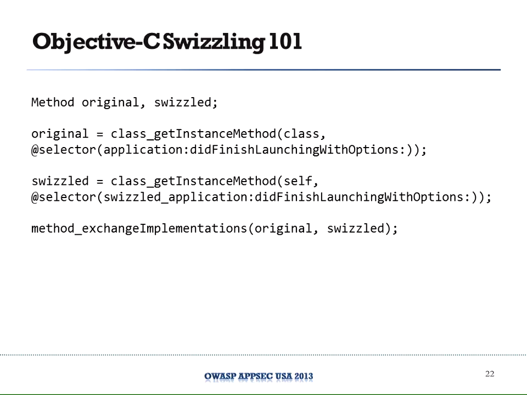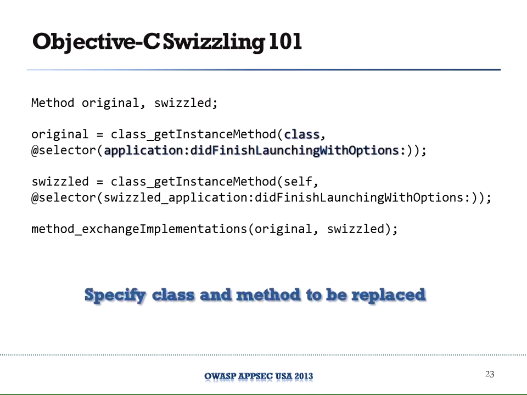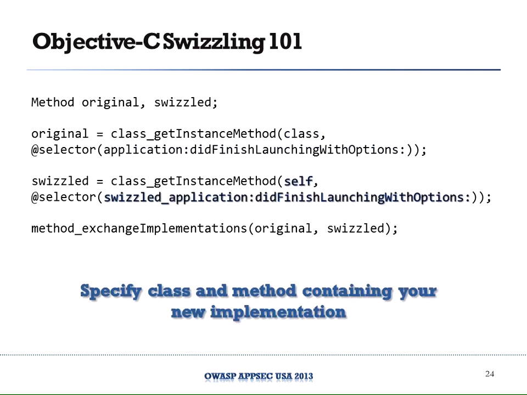So swizzling is as easy as these three function calls. You start off with the original. You want to get the original method, so you call class_getInstanceMethod, where the first parameter is the class that you want to replace and the method as well. Then you specify the method that you've created that you want to replace it with. And lastly, you have method_exchangeImplementations, and all it really does is swap the implementations.